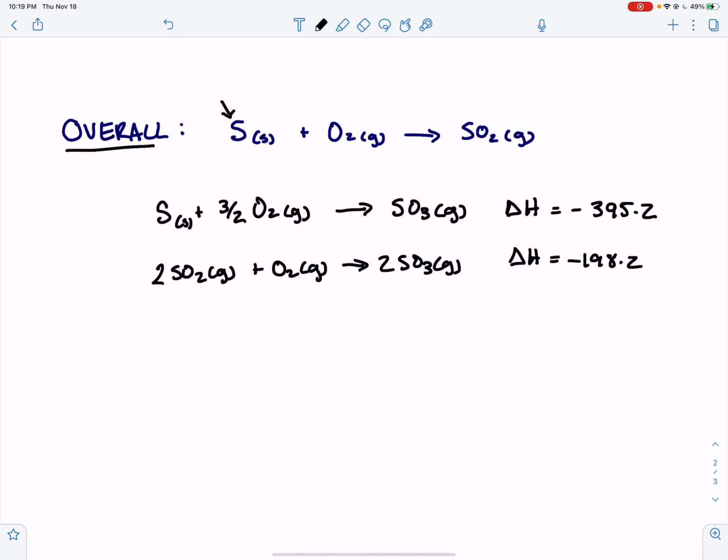Start looking at the first reactant, and you're going to go left to right twice. The first time, you're going to start here and look for a match in the reactants and see if they're in the right place.